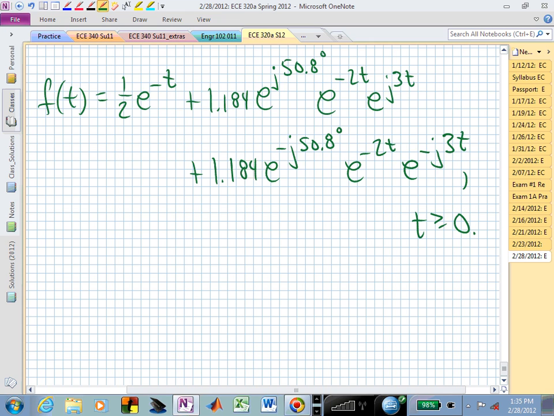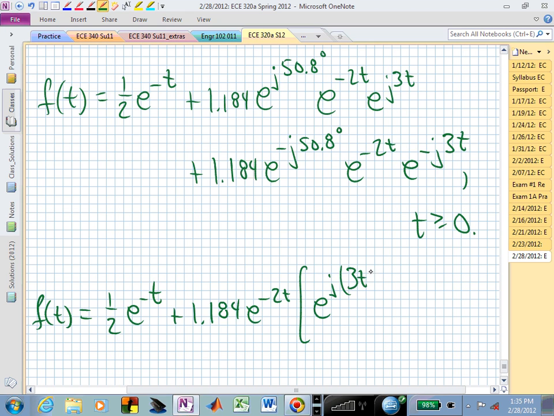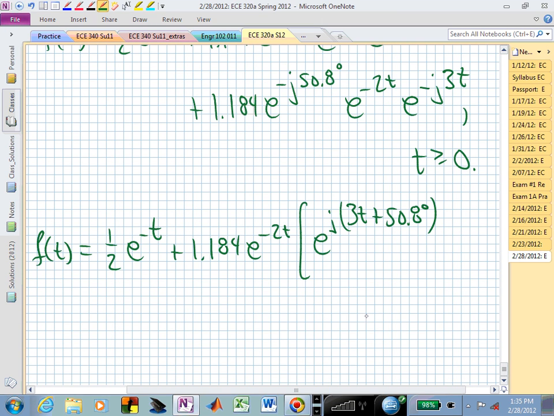If we look at this now, we have f of t is 1/2 e to the minus t plus 1.184 e to the minus 2t times, and what's left is an e to the j (3t plus 50.8 degrees) plus e to the minus j (3t plus 50.8 degrees).